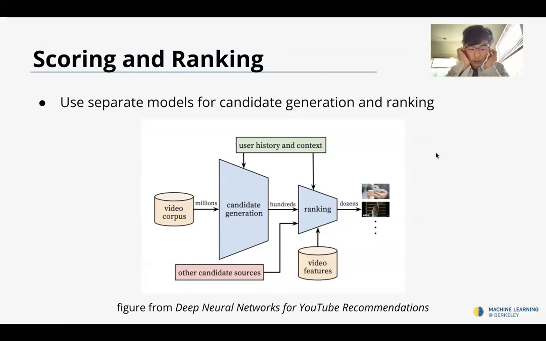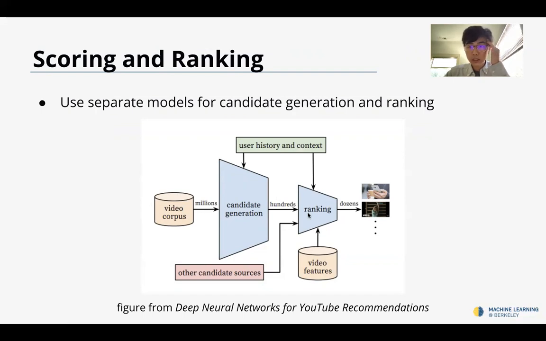And the architecture they have for this system is they separate the recommendation process into two parts. They have a part that generates candidates, and they have a part that ranks the candidates, right? So they have a large video corpus of millions of videos. They're unable to rank them all together, right?